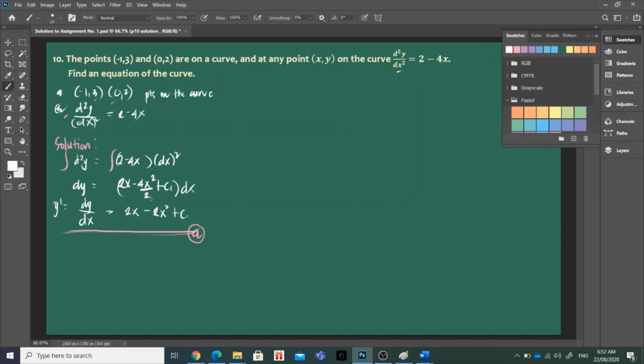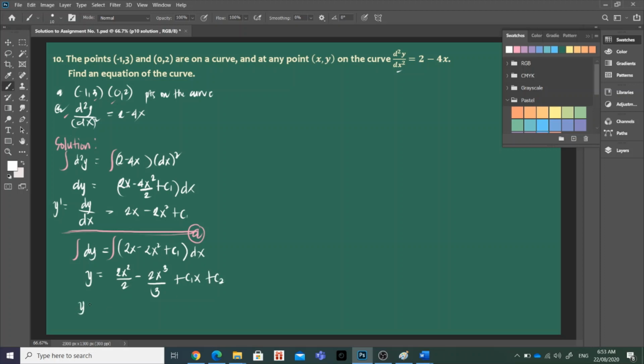Write natin uli. So, this is dy is equal to 2x minus 2x squared plus c sub 1 times dx, and then we integrate again. y is equal to, okay, apply tayo ng power formula, 2x squared over 2 minus 2x raised to 2 plus 1, 3 over 3 plus c sub 1x plus c sub 2.